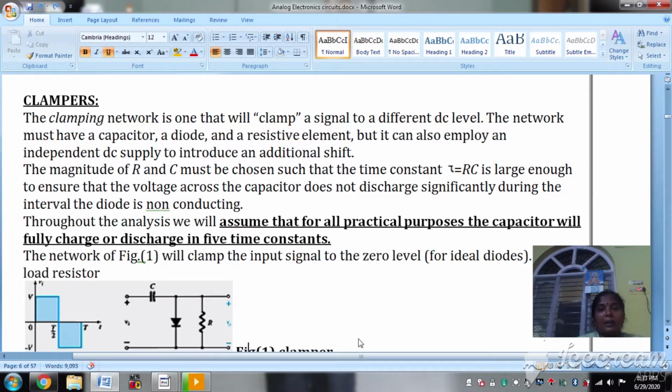Only thing is, here some DC signal will be inserted with the AC signal. Okay, so some amount of DC signal will be added with your AC signal to introduce an additional shift. How are we going to introduce the additional shift? Here we are going to include the capacitor.